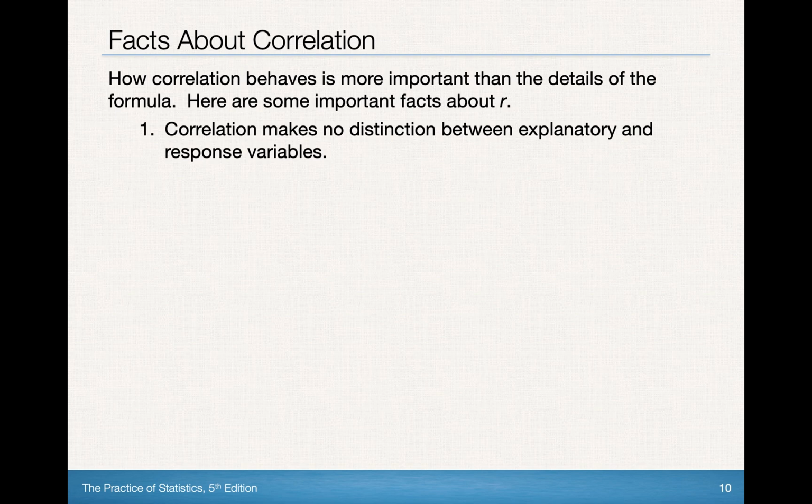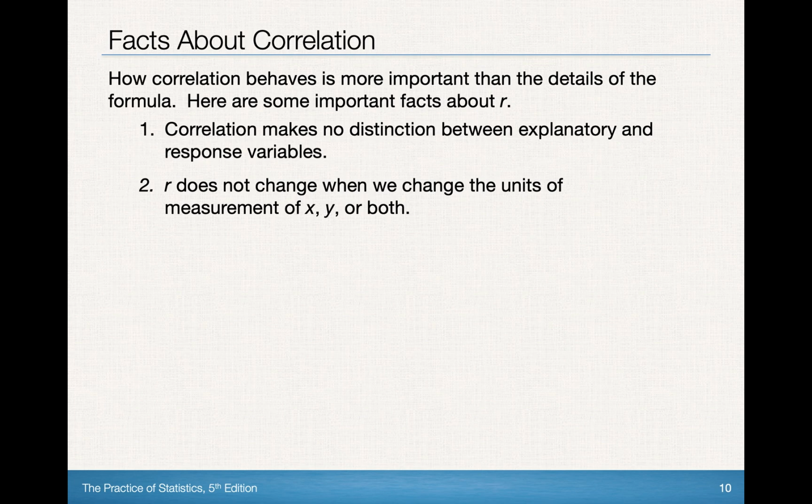If for some reason you flipped them, making points per game the response variable and wins the explanatory variable, and you were to calculate R, correlation, you would get the exact same value because it makes no distinction between explanatory and response variables.